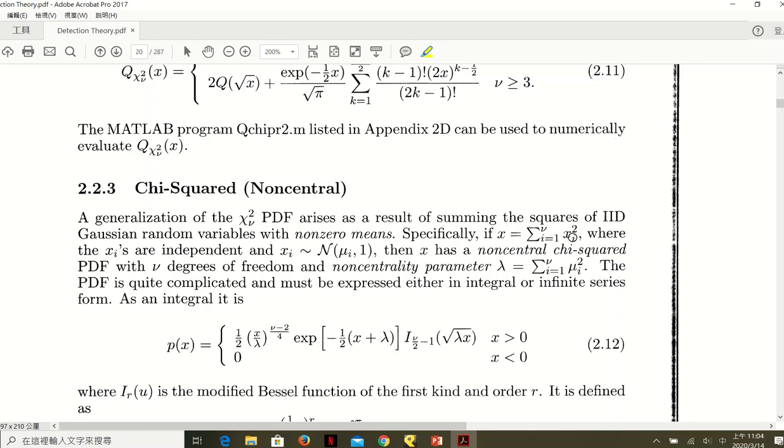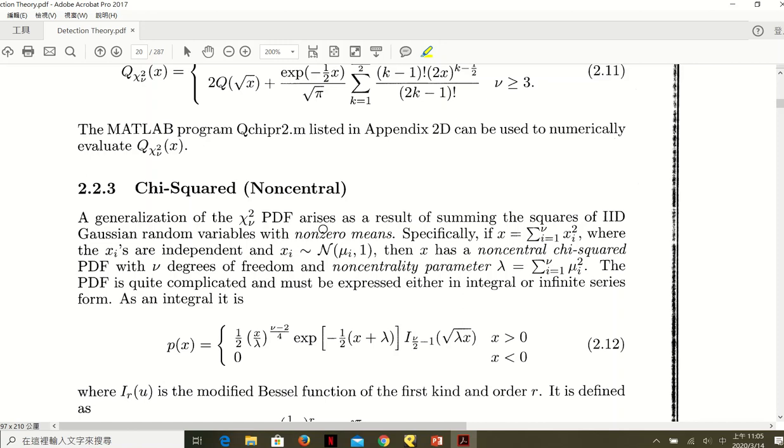When we are talking about signal energy, we take the signal x and then take the square. Then if the signal is Gaussian, we have Gaussian square as the energy. So that's one example of when we encounter this chi-square distribution. That's when we have signal energy.